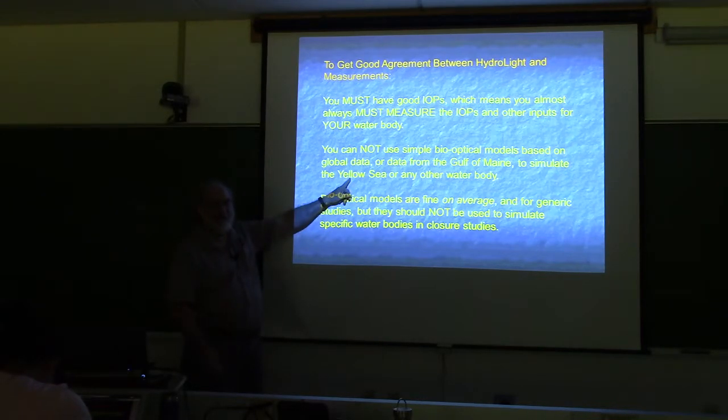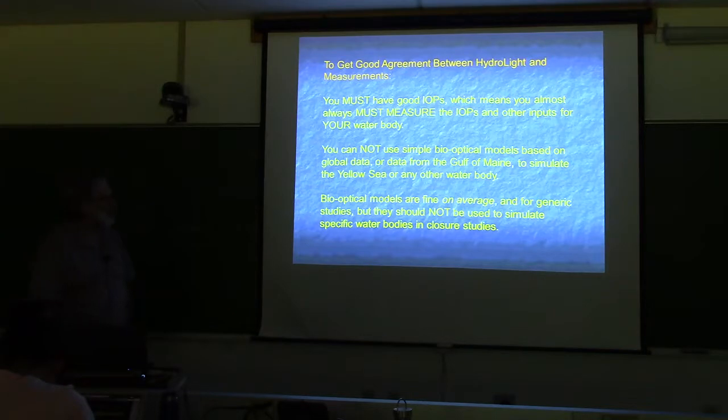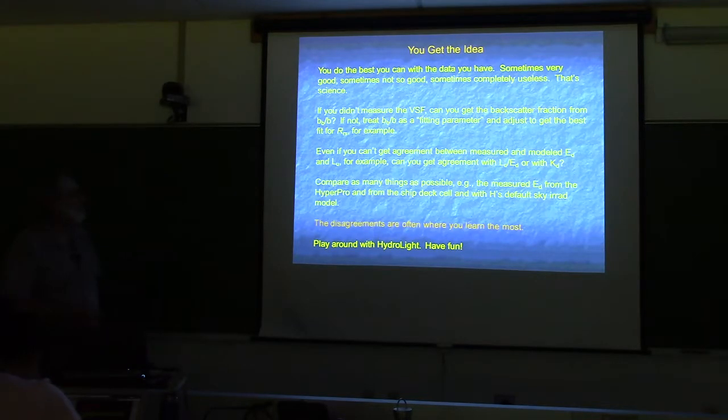Half of the Gobi Desert is going down the Yellow River into the Yellow Sea, and that's yellow dirt. So the bio-optical models, they're fine on average, they're fine for generic studies, but they should not be used to simulate specific water bodies when you're doing a closure study. They're just not likely to give you good results.